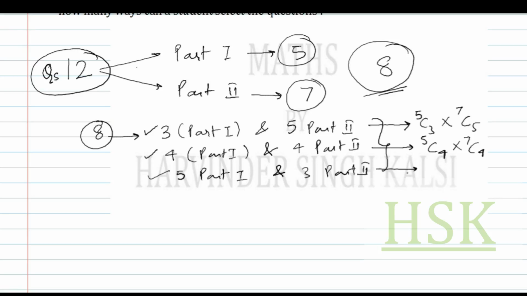And the number of ways of this third selection would be 5C5 into 7C3. Total ways would be equal to the sum of the total number of ways of selecting the questions in the 3 cases which we have considered.